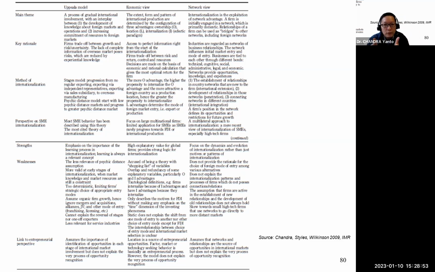And the economic view says that you need to calculate everything, rationalize everything, know what the key cost factors are, and you choose the mode of entry or the country. Mode of entry could mean you use a licensing agent or exporting or joint venture or direct investment. So it says that the decision makers will pick the most economically beneficial approach to internationalize. So that's what the economic view is saying about internationalization.